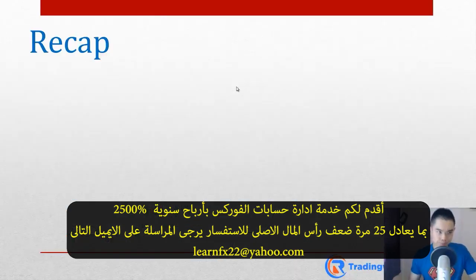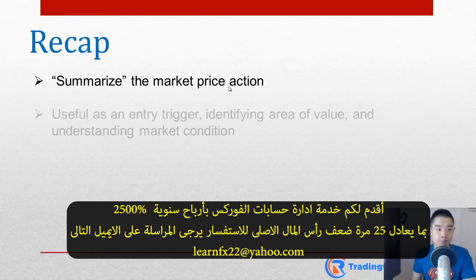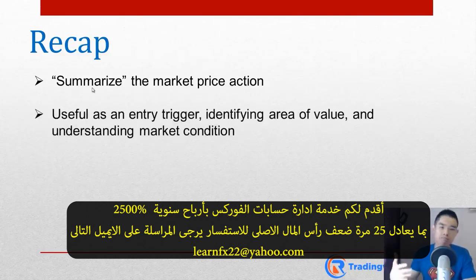Okay, so quick recap. We have talked about indicators in this section. Number one, indicators pretty much summarize the market price action by applying a formula to the historical data. They can be used as an entry trigger, identifying an area of value, and even to help you understand the market condition.